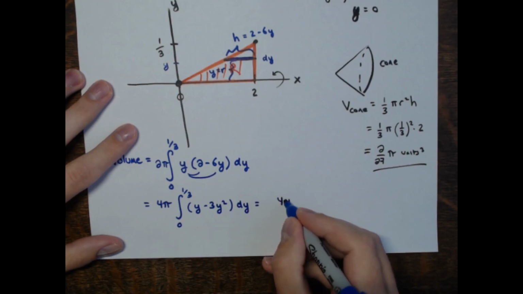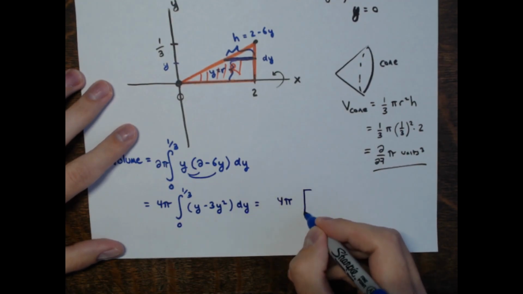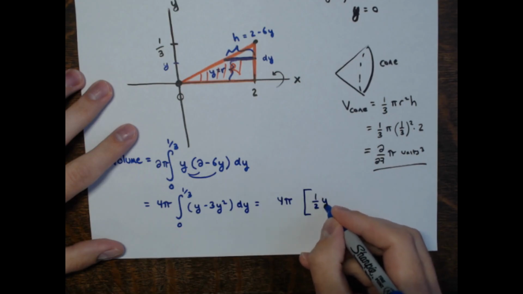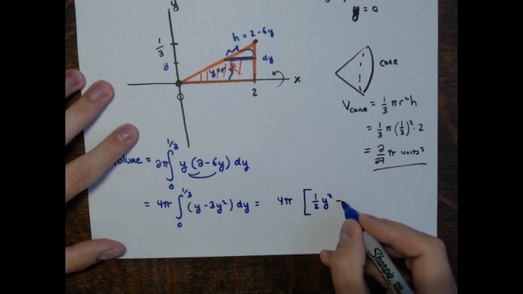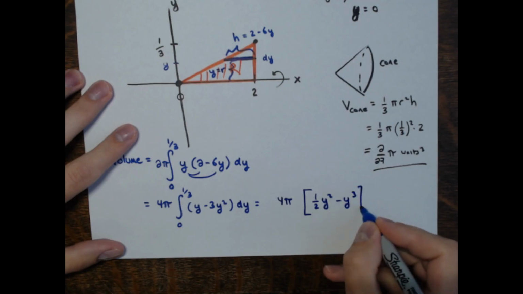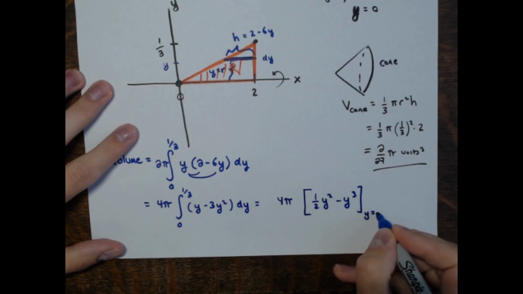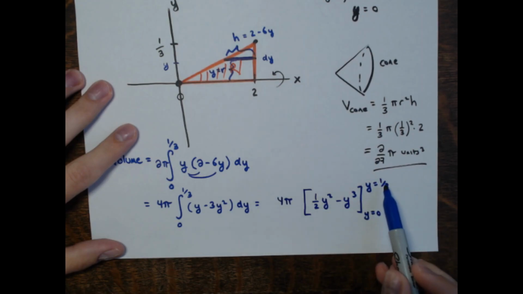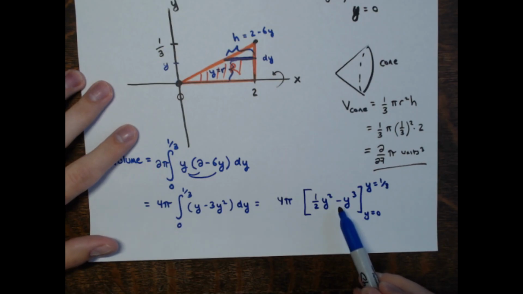This is 4 pi, and the antiderivative would be half y squared minus y cubed, going from y equals 0 to y equals 1/3. Really all I need to do is plug in 1/3, because when I plug in 0, it's nothing.